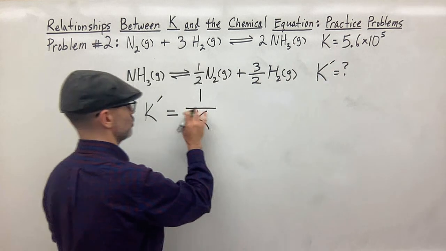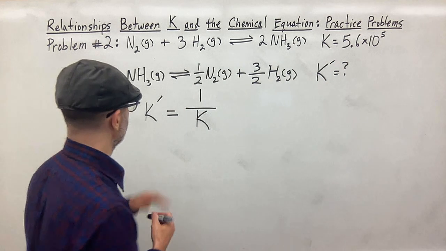So it's going to be 1 over K for this one.